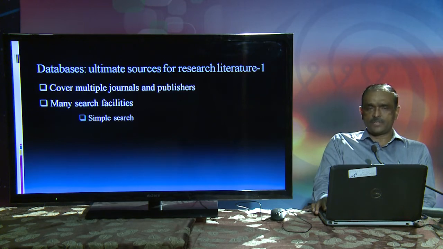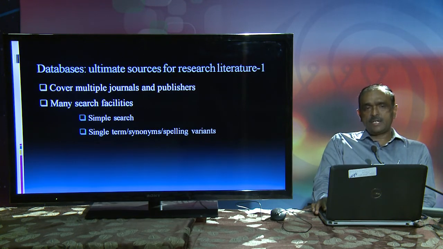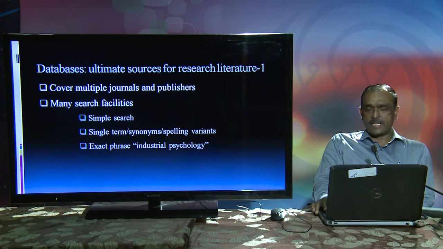These may include simple search, where you can input in a search window maybe a single term or a synonymous term to that term, or terms with various spelling variants. You can of course input in the simple search window the exact phrase with inverted commas, which helps bring to you the literature related to the phrase that you have inputted.